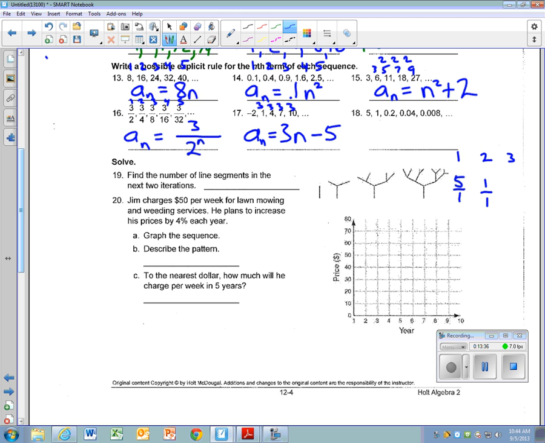My third term, what is 0.2 as a fraction? 1 over 5. What's my fourth term? What is 4/100ths? 1 over 25. Oh, what's happening every time?